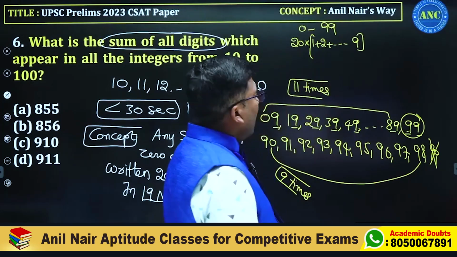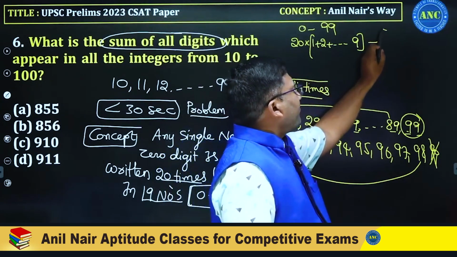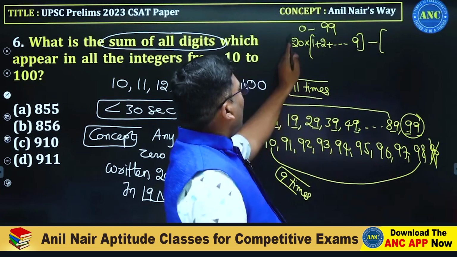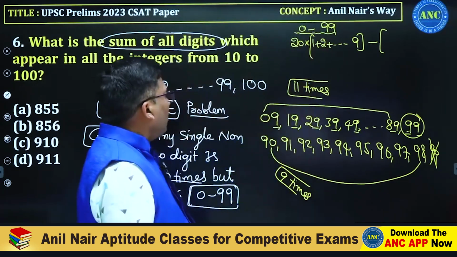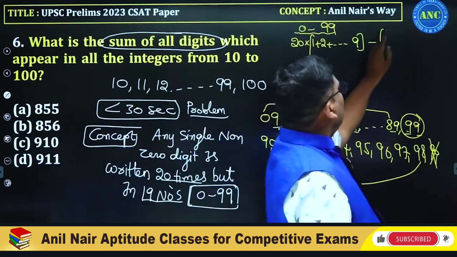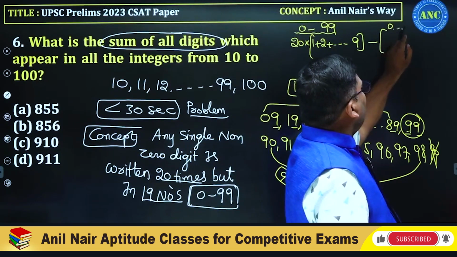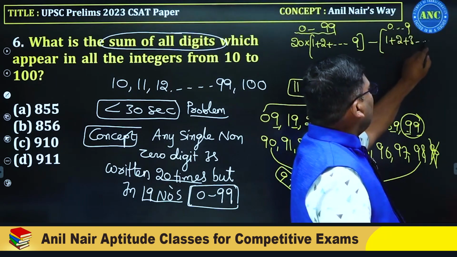But this is from 0 to 99. Question is from 10 to 100. So I don't need 0 to 9, where each digit is written once.